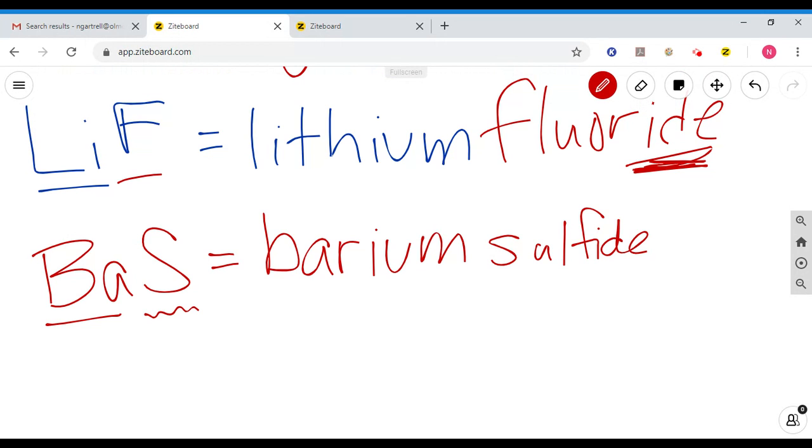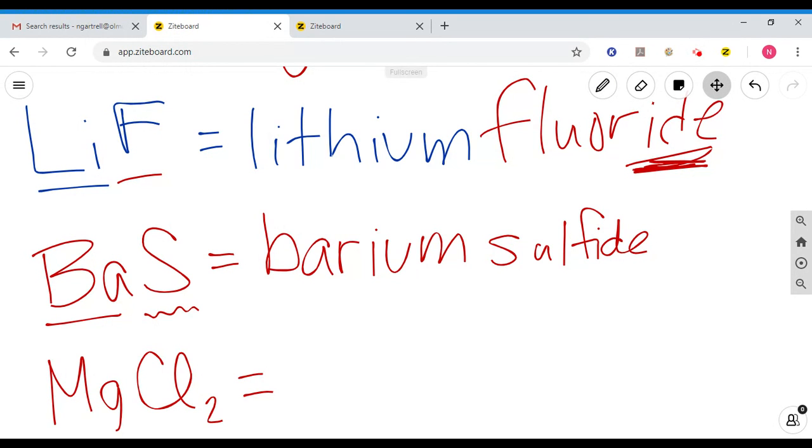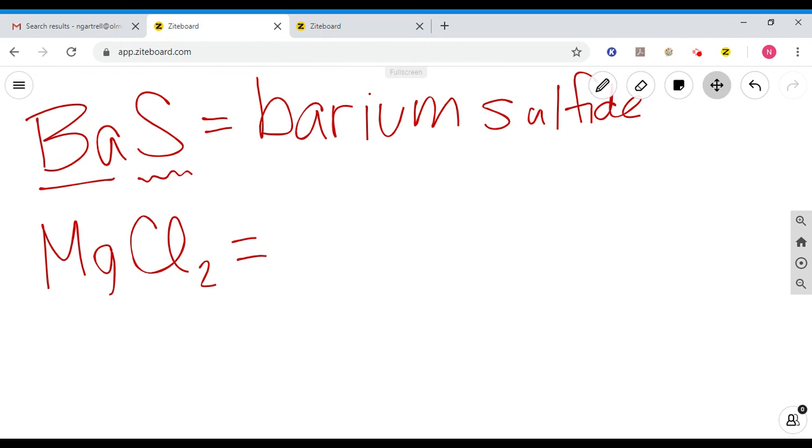All right, we'll step it up a notch. Let's do MgCl2. Some students get confused as to why that 2 is there. Where does that 2 come from? Well, if we think back to the formula, Mg2+ and Cl-, it got the 2 from magnesium.